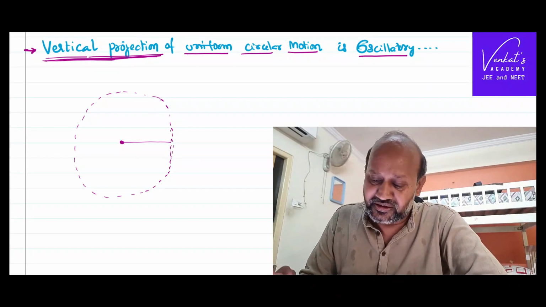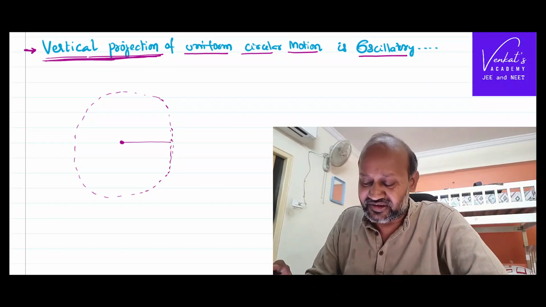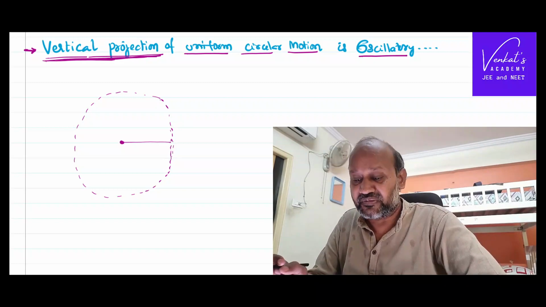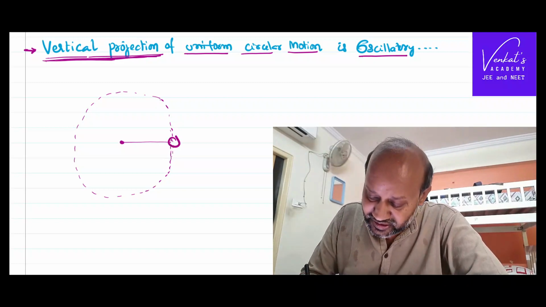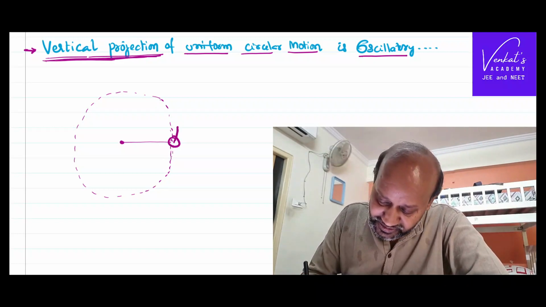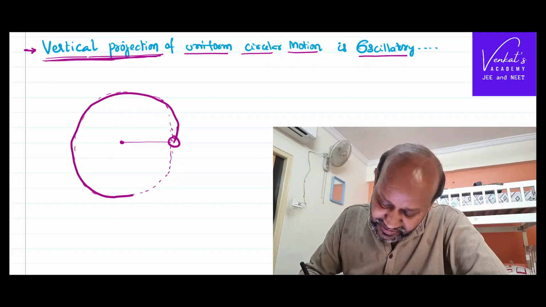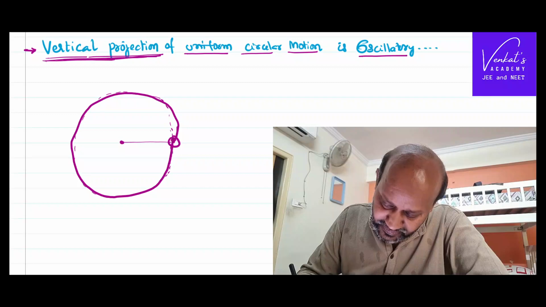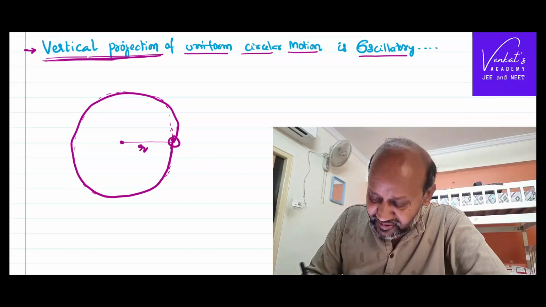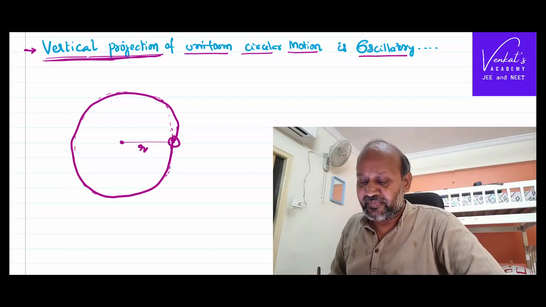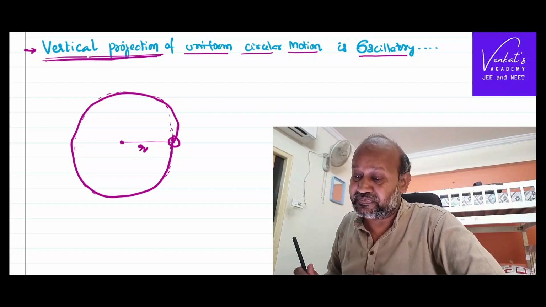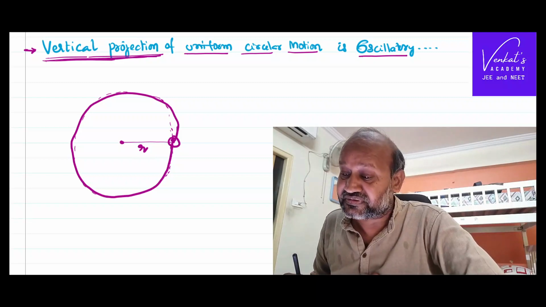But if the speed is constant, then that is called a uniform circular motion. So consider a body revolving in a circular path like this. This is the radius of that circular motion. Then that needs to be a perfect circle.